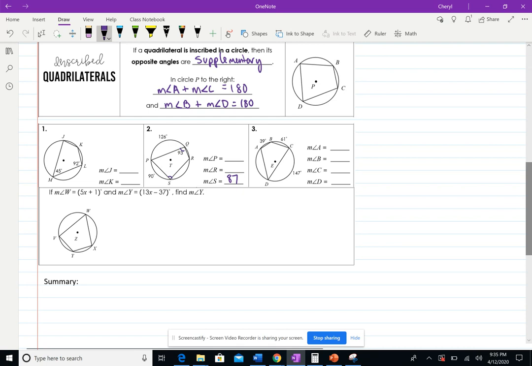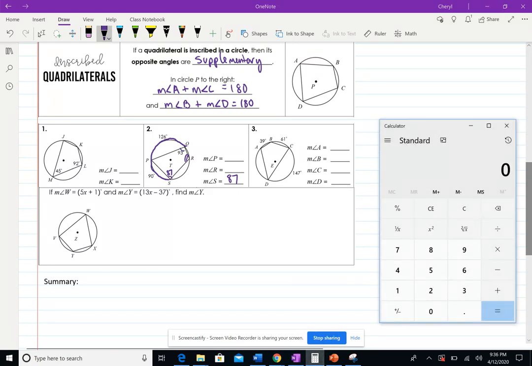Okay, and let's use some problem solving here. We know that P plus R equals 180, and we can find this entire arc by adding. We're trying to find R first. So 126 plus 90 is 216.